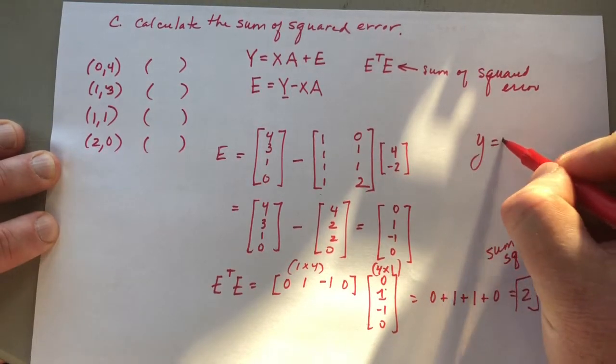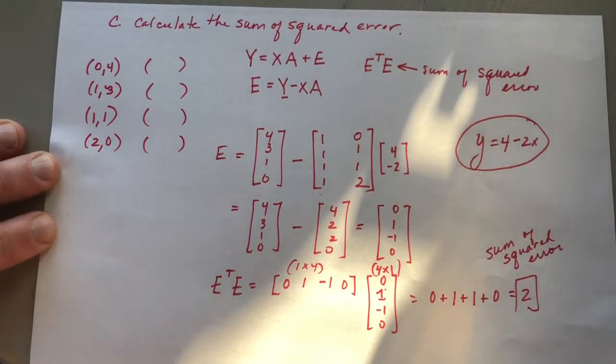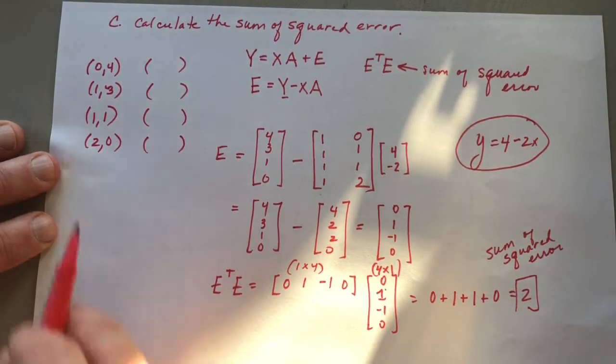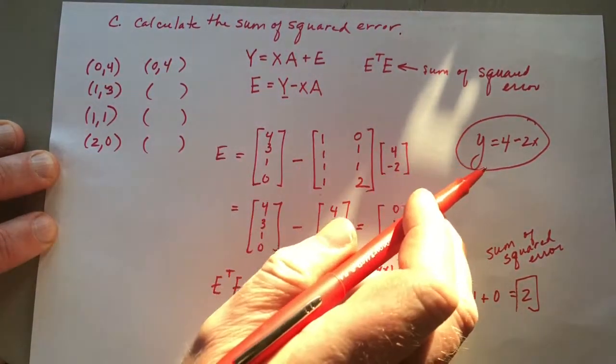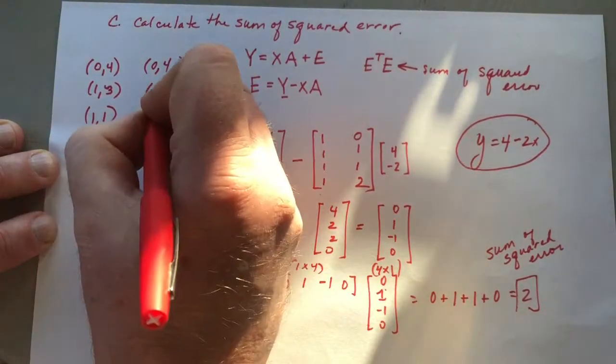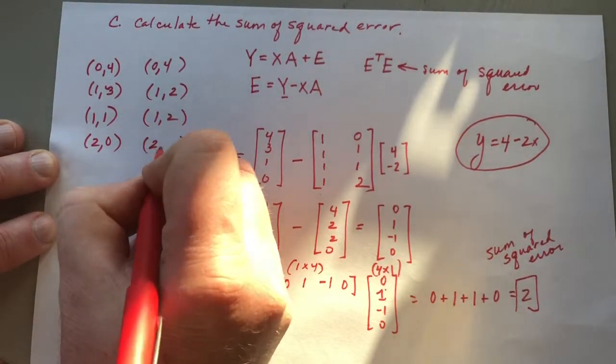Recall that that was y equals 4 minus 2x from before, okay? So if I plug in 0 to that, I get back 4. If I plug in 1 for x, I get back 2. If I plug in 1 for x, we already know I get back 2. Plug in 2 for x, I get back 0.